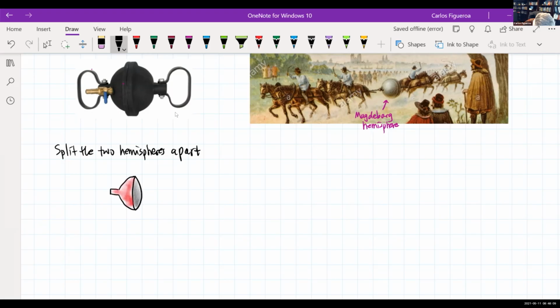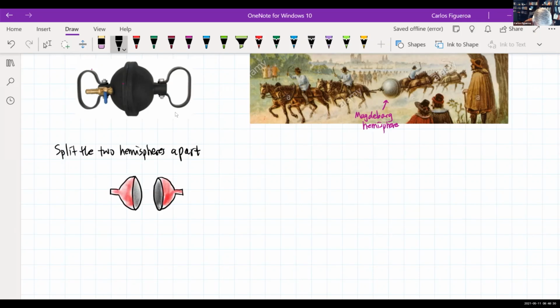So when you do this, the only way this is possible here is if there's atmospheric pressure in. So what you're seeing here, they're apart.